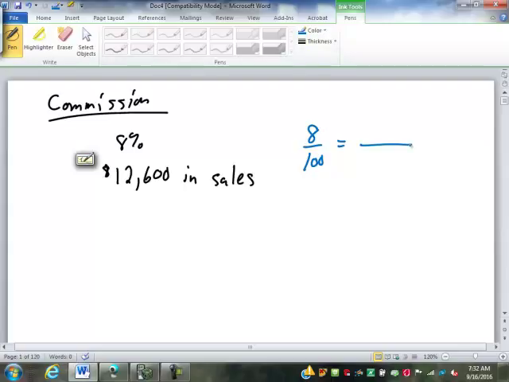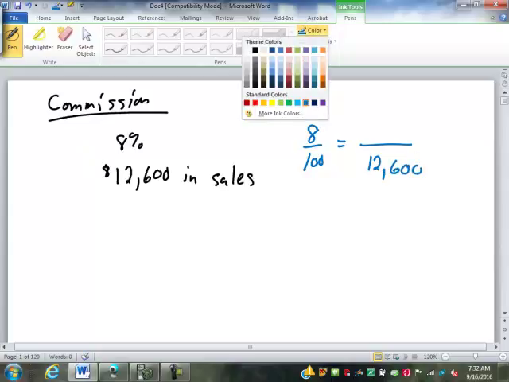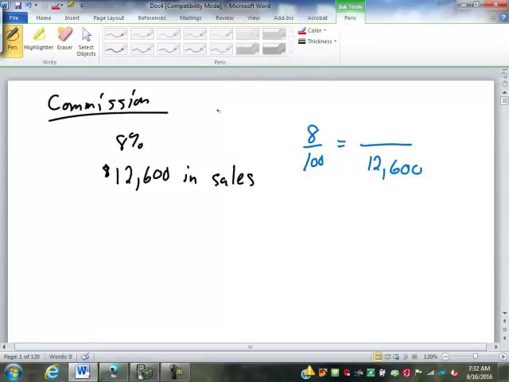To find your amount of commission, you're going to find 8% of the 12,600 in sales. So the 8% represents the commission. 100% has to represent the whole sales, because that's where you're taking your commission out of.